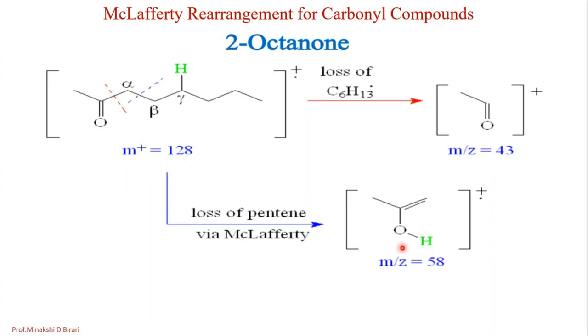As I have explained in detail about McLafferty rearrangement, there is the transfer of a gamma hydrogen, and that is the intramolecular rearrangement to form the enol radical cation. So if you observe the peak at mass to charge ratio 58, that indicates there is a formation of enol radical cation via McLafferty rearrangement.